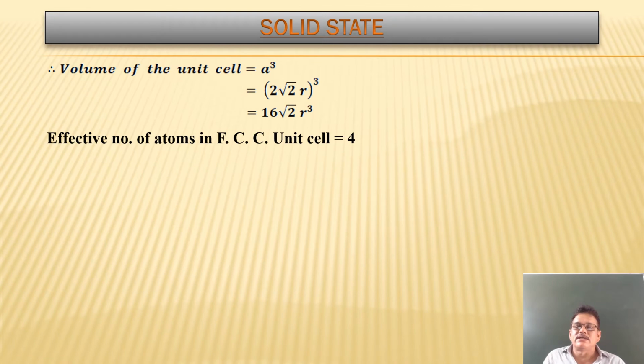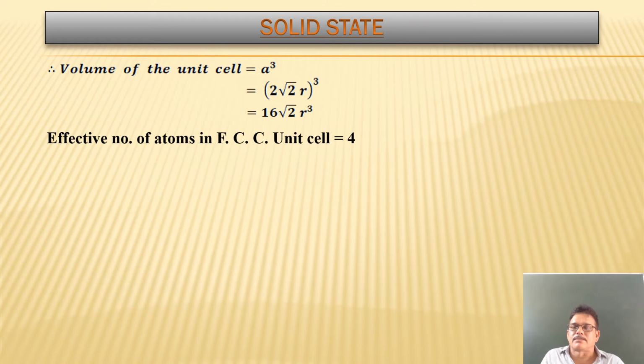In FCC unit cell, 8 corners are occupied by 8 particles. So the contribution of 8 particles to one unit cell is equal to 8 into 1 by 8, that is 1. And 6 face centers are occupied by 6 particles. The contribution of each face centered particle is 1 by 2.